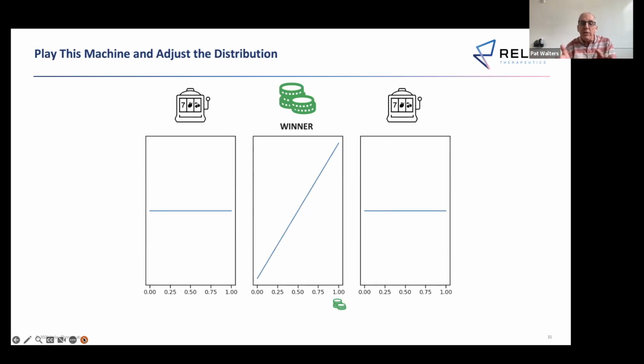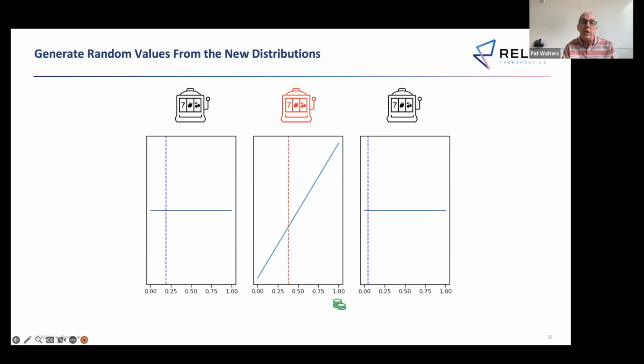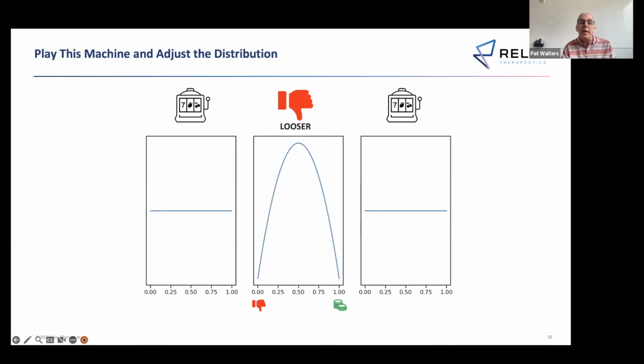That's going to change the distribution associated with that particular slot machine. I had a winner. Since I won with that pull, that's going to adjust the probability distribution associated with that machine. Then if I generate another random number, you'll see that this time the distribution in the middle is different. I'm going to get the largest random number out of the middle machine, so I'm going to pull that slot machine again.